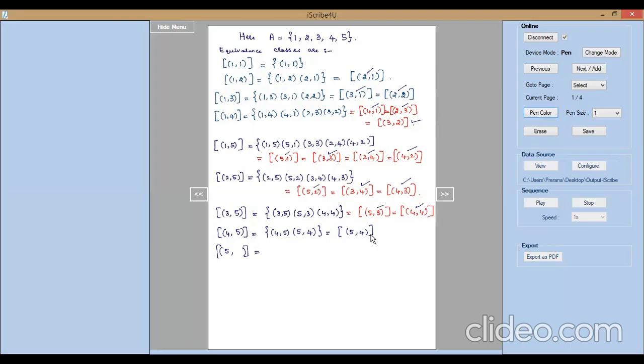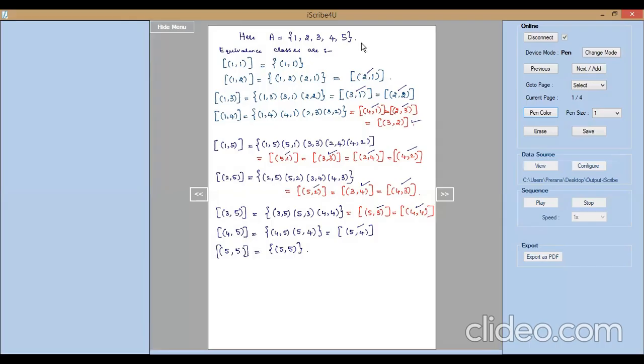The equivalence classes of 5, 1, 5, 2, 5, 3, 5, 4 are already done. So I have to do 5, 5. 5, 5 sum is equal to 10, and sum equal to 10 means it is only 5, 5. Remember the set A consists of 1, 2, 3, 4, 5 only.